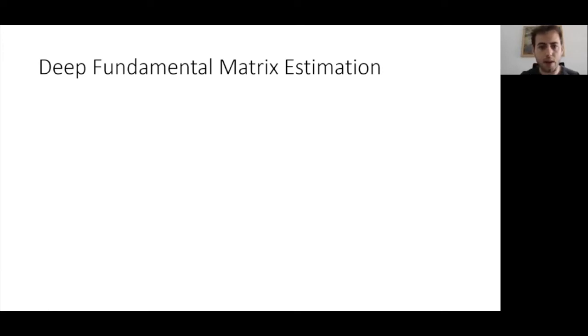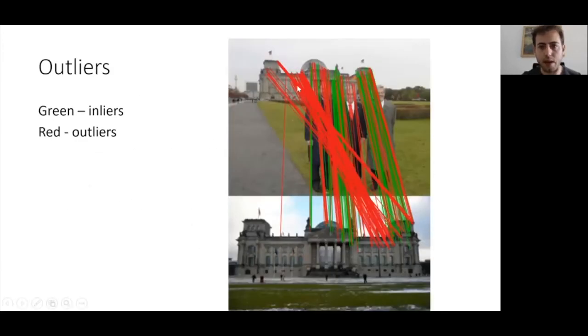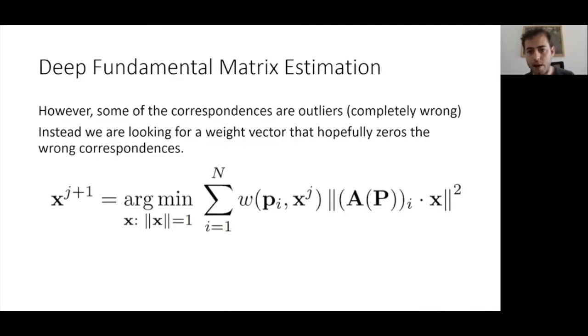For example, in here, this correspondence is wrong, so I don't care if the error is large. I actually want a model that gives a large error for this correspondence because it's wrong. So I want a large term for wrong correspondences, and in this case, I want the weight to be small.